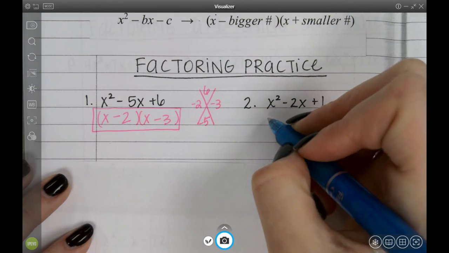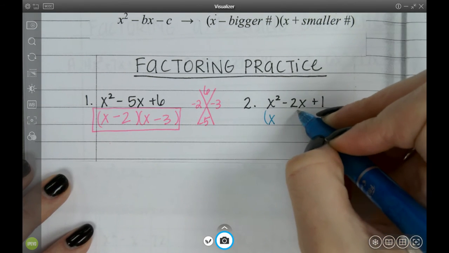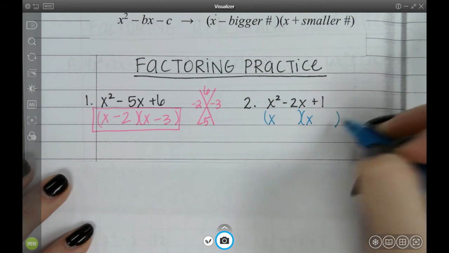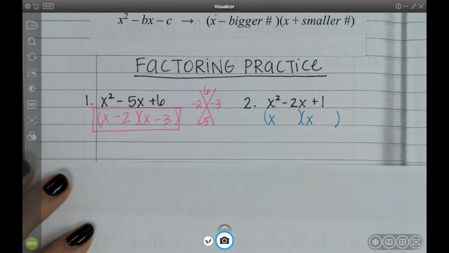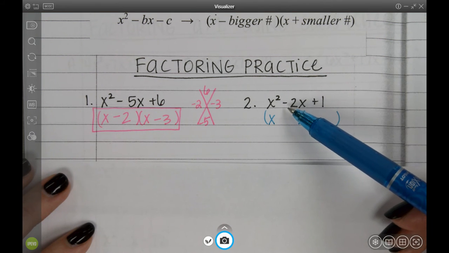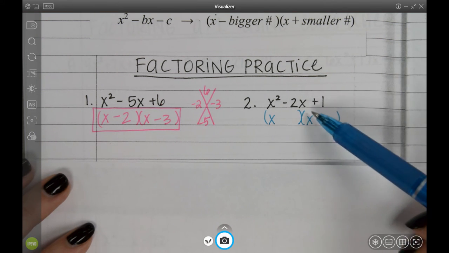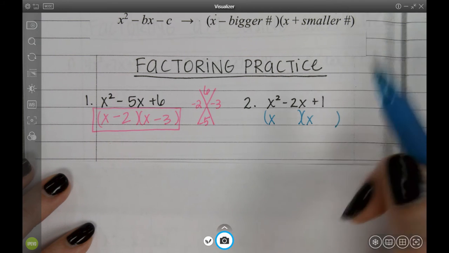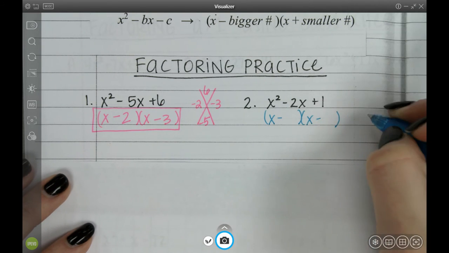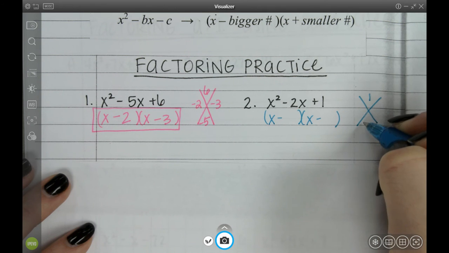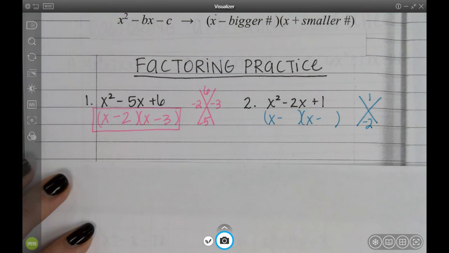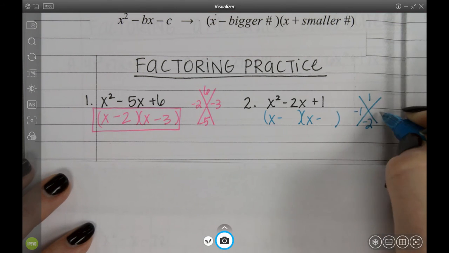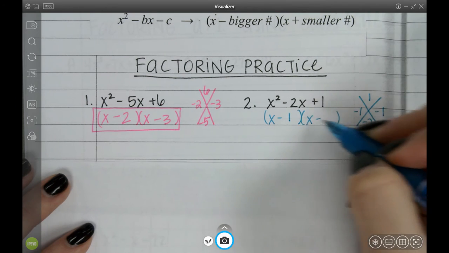Okay, on the next one, my variable is still x. Again, my signs are both going to be negative based on those signs rules page I have up there. So what are 2 numbers that multiply to give me positive 1 but add to give me negative 2? Negative 1 and negative 1.